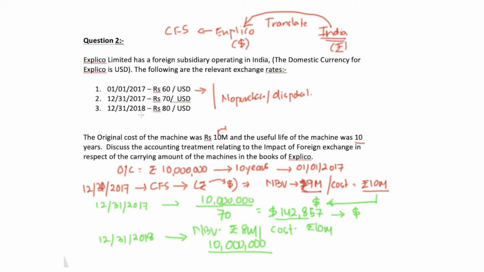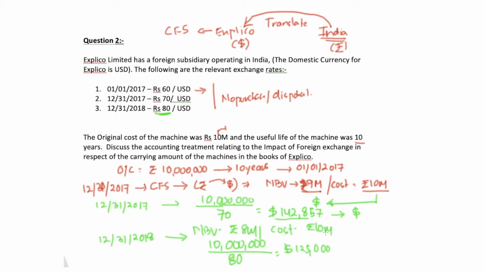As on 12/31 2018, the translation rate went from 70 to 80. So there is a change in the rate. Previously we divided by 70, now it's 80. The amount is coming out to be $125,000, which means we need to report the property, plant, and equipment at $125,000.